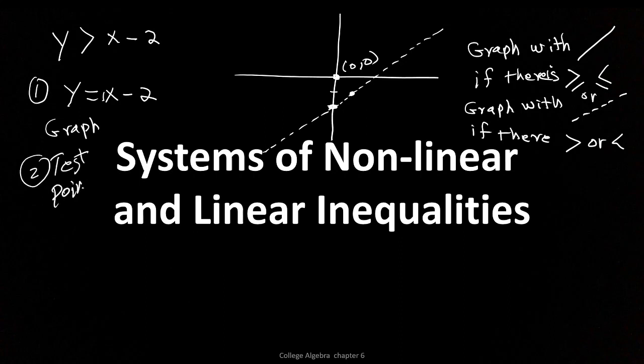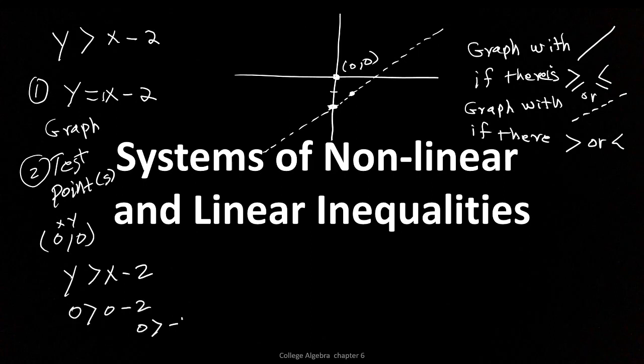It could be more than one test point, which are test points. So 0, 0, this is x, this is y. So we're going to test it in the original inequality. So if y is 0 and x is 0, what do we get? We get 0 greater than negative 2. Is it true? Yes, because 0 is to the right of negative 2.